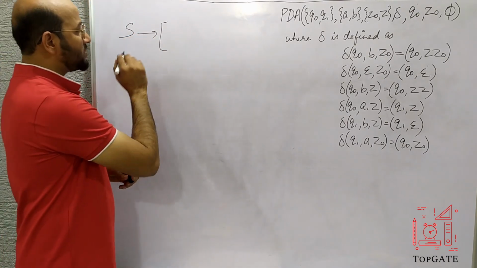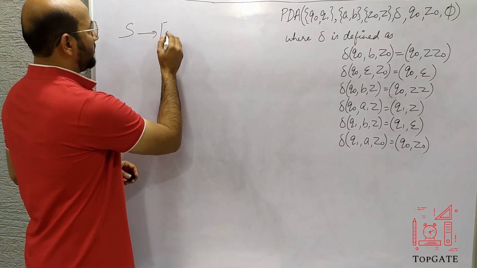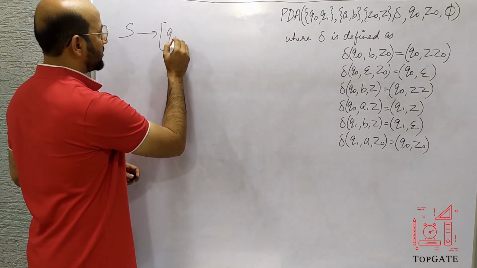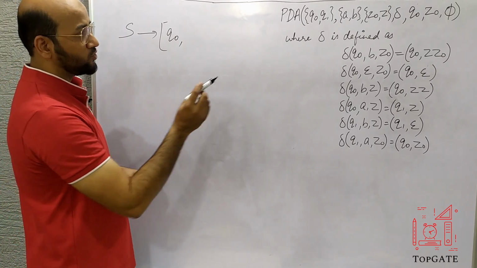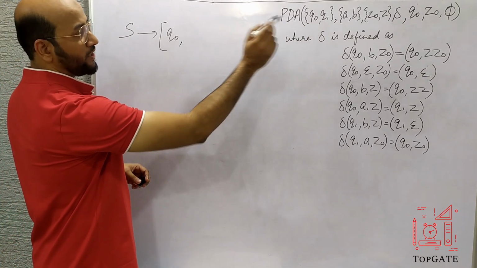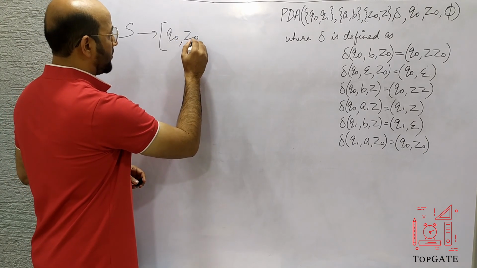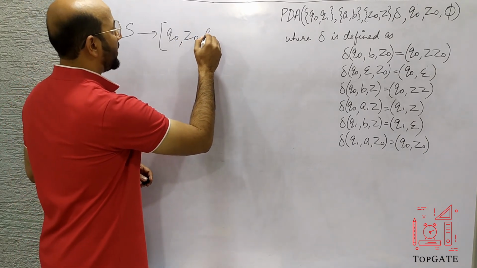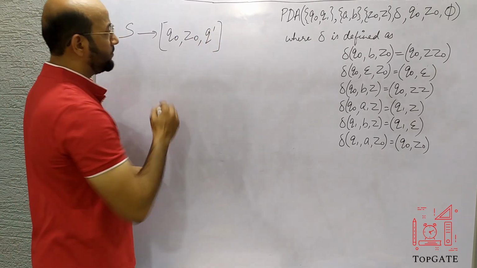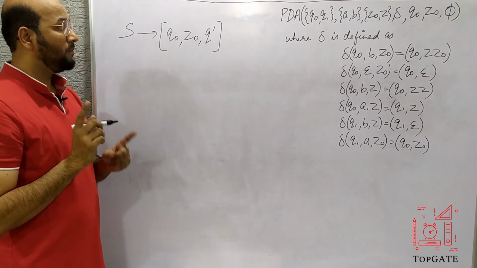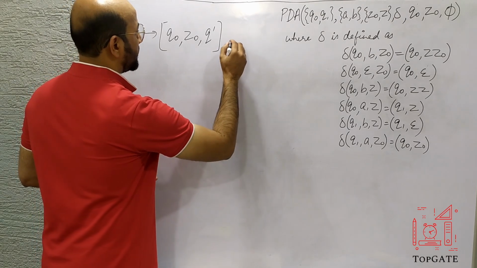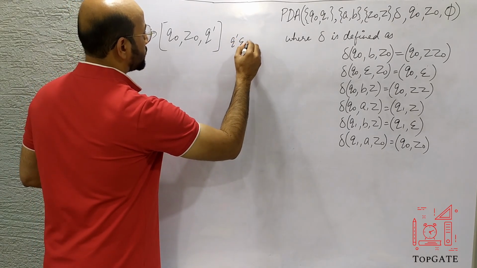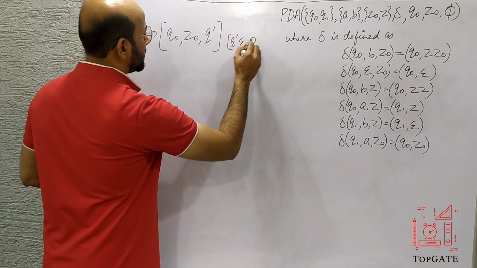So for the start symbol we have the initial state Q0, and then the topmost element in the stack, which by default is Z0, that is Q0 comma Z0, and then here I will write Q dash. Now what is Q dash? Q dash belongs to capital Q.